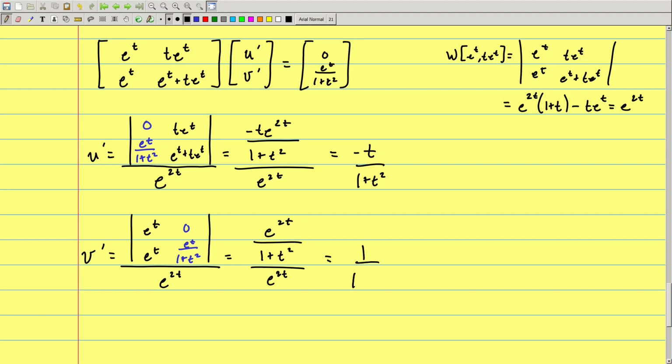This simplifies to this. Fortunately for us, this means that both of these expressions are easy to do the integrals for. That right-hand side was probably a little bit worrisome to start with, but we end up with something that isn't all that bad.